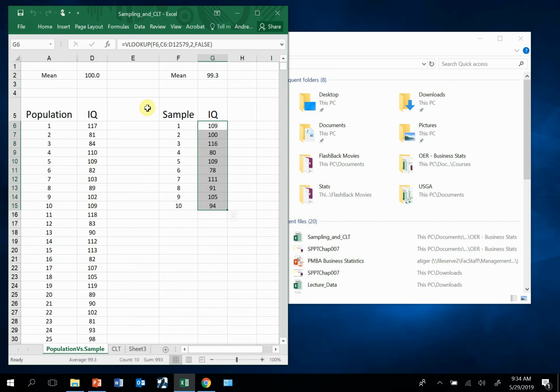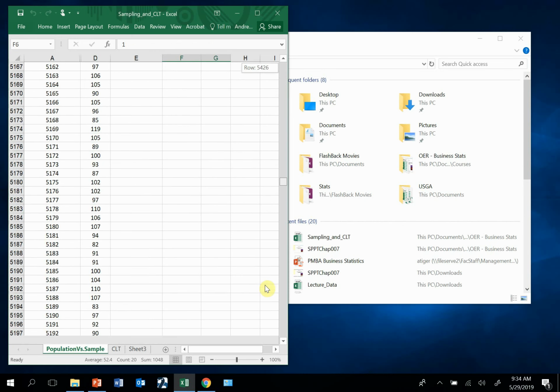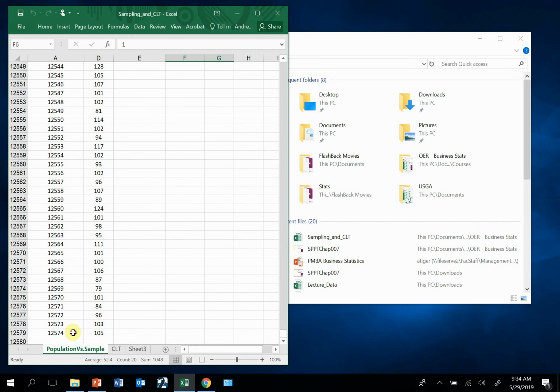There's some little logic going on, but I've got this set up, so I'm grabbing something. And in this case, my sample size is 10, which is much, much, much smaller than my population.